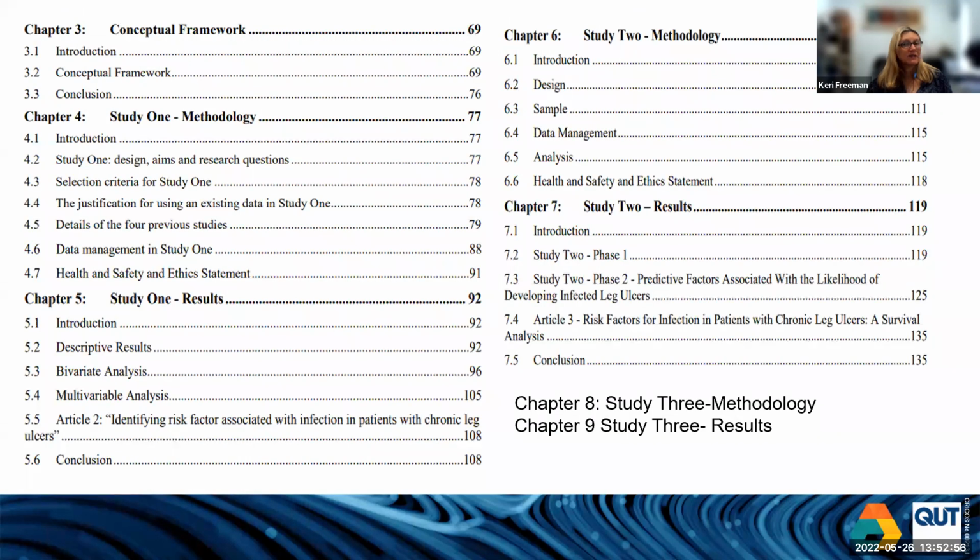This one is interesting. This is our infected leg ulcers, which you're going to look at, or some of you are going to look at in a minute. By publication, this one. So check out his table of contents. He's got a conceptual framework, or her, I think her.